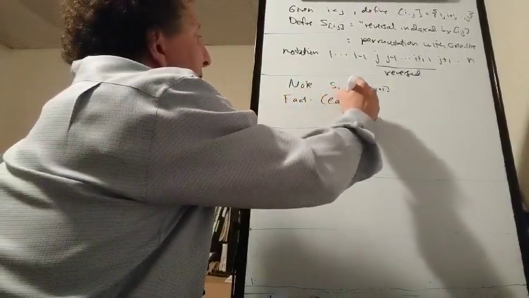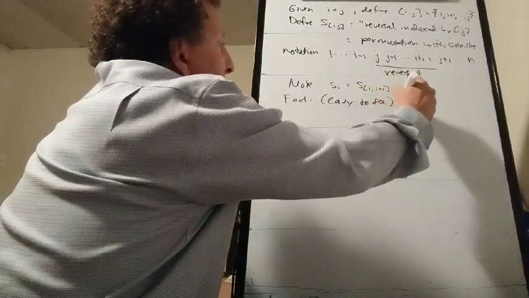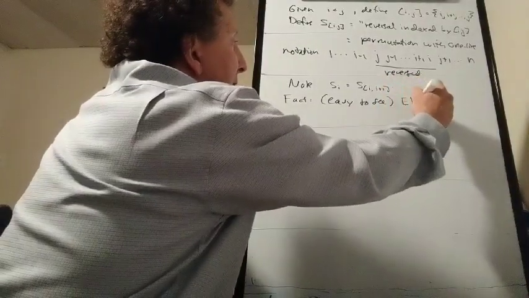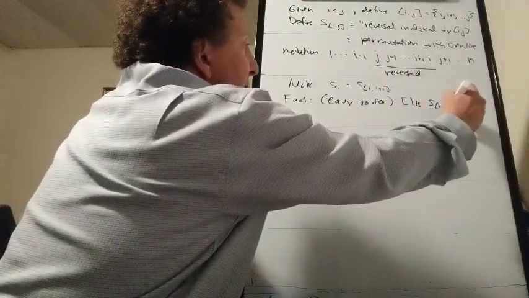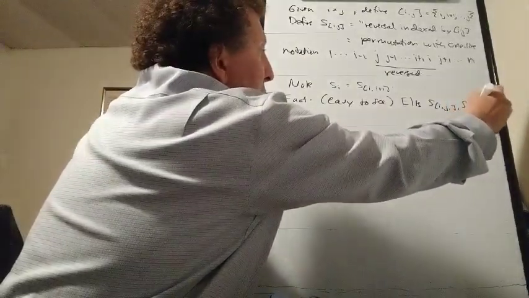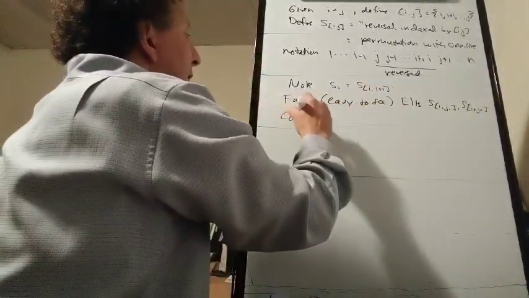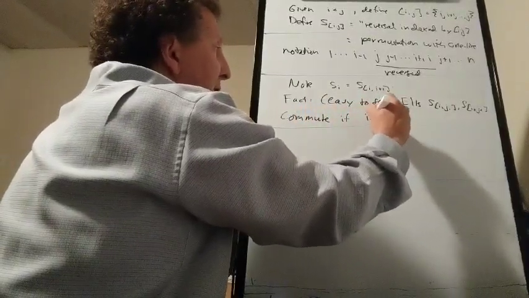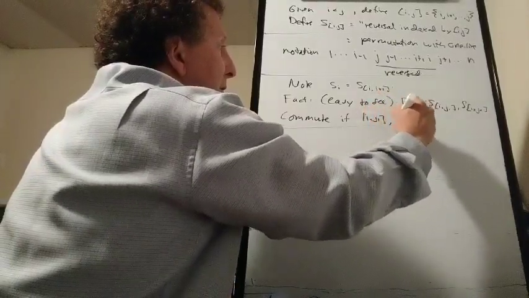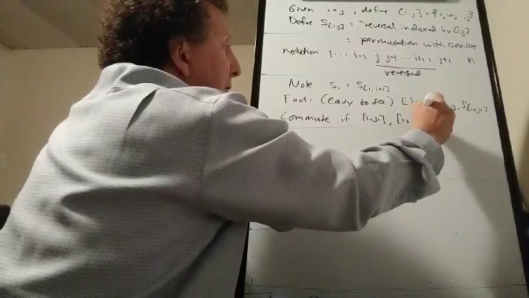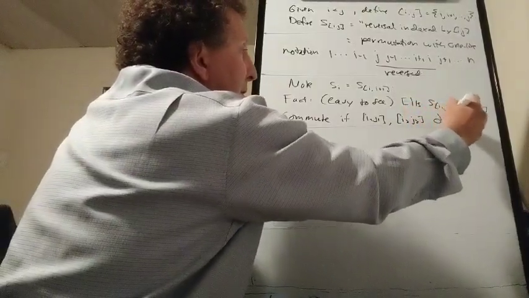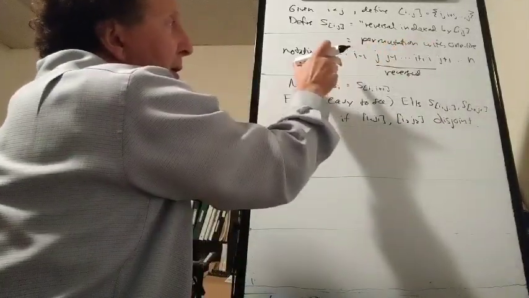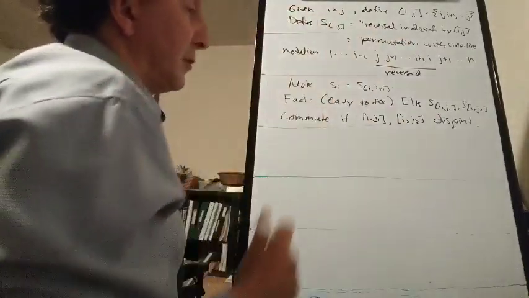And it's easy to see that the elements S_{i1,j1} and S_{i2,j2} commute if the intervals are disjoint, because swapping the letters in one interval and swapping them in another interval that doesn't touch the first interval can be done in either order.